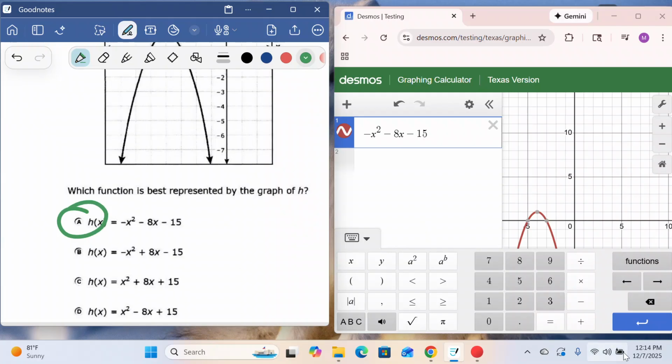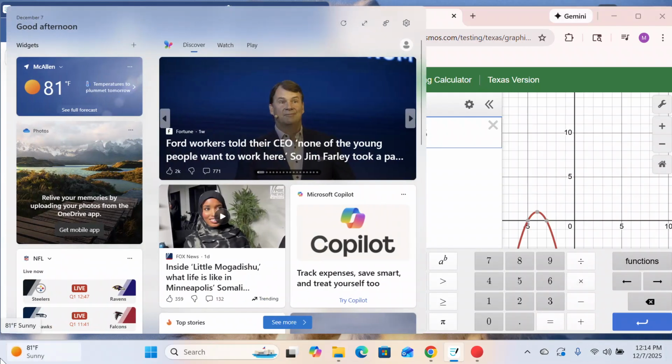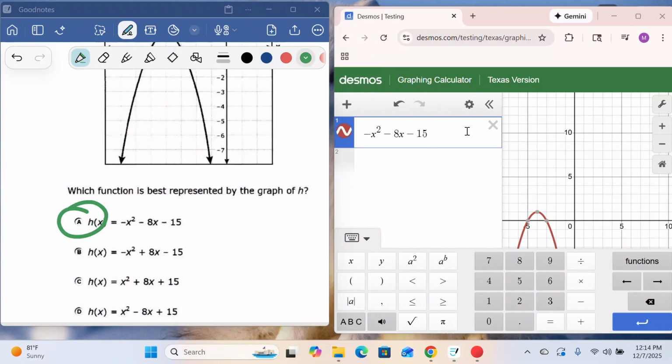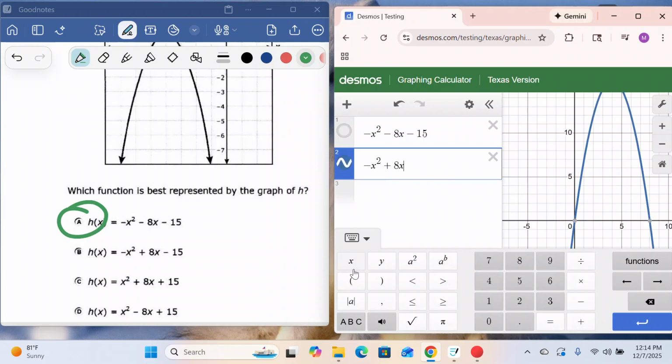So then I check the next one. I'm going to leave this one here, and then I'm going to do my next one. And the next one is -x squared, positive 8x, -15.